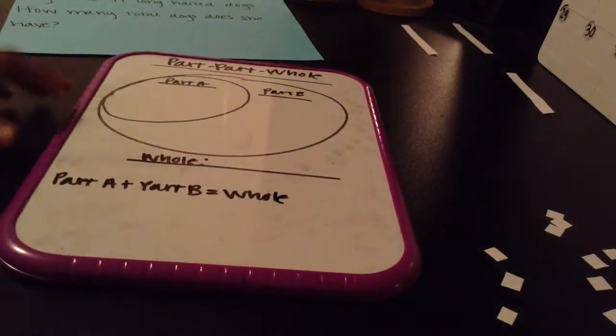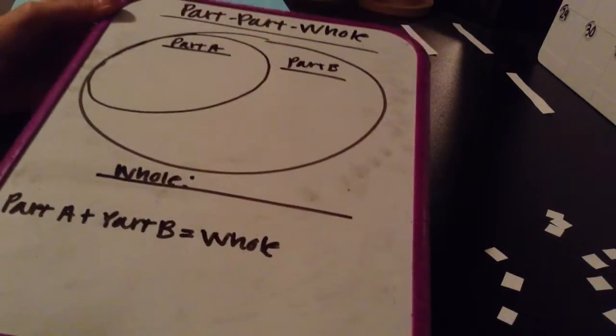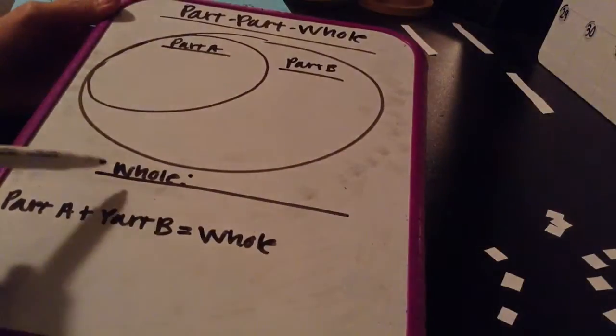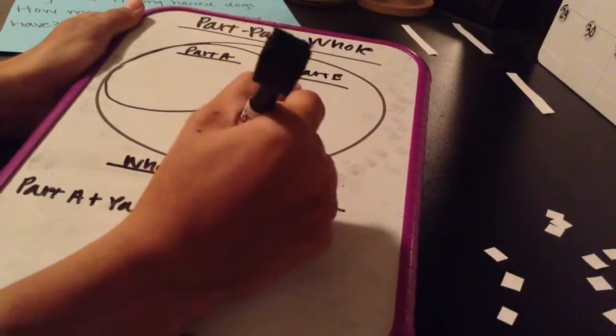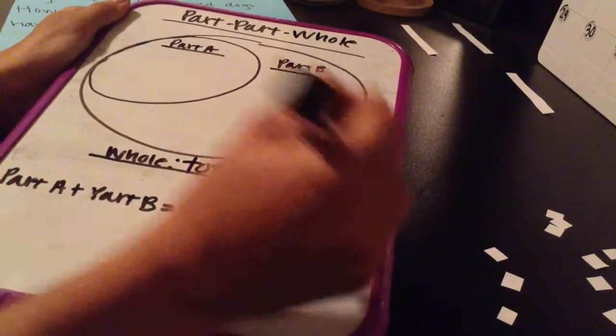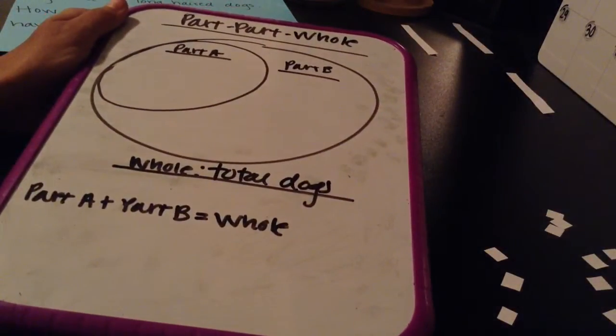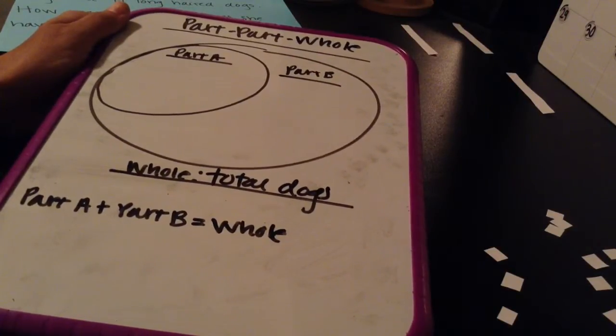So for this problem, we're going to be using part-whole. We know that this is our whole. So our whole for our problem is total dogs. We want to know how many total dogs Sarah has with the short-haired dogs and the long-haired dogs.